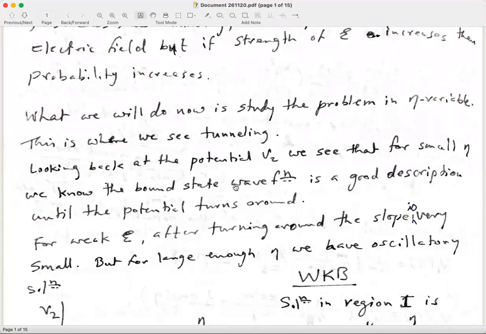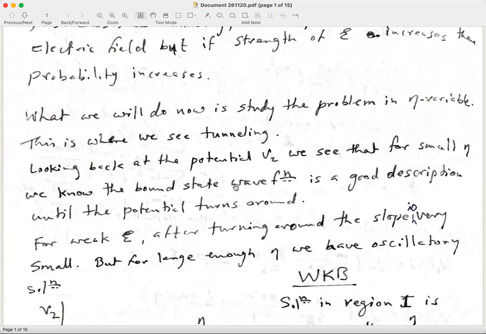For large eta, where the electric field would eventually dominate, even if it is weak, the potential would turn around, and you would want your wave function to be oscillatory.